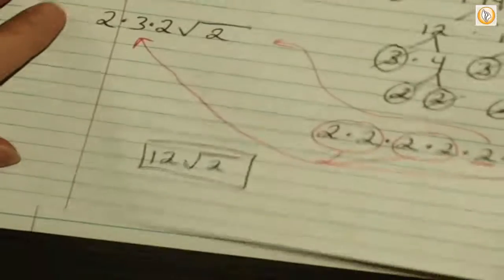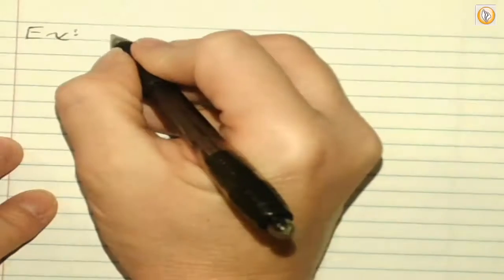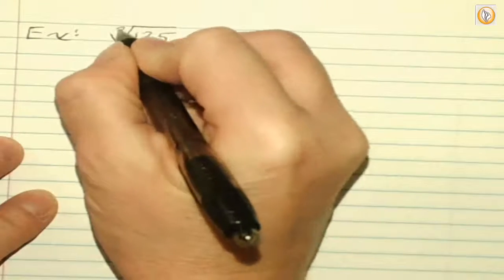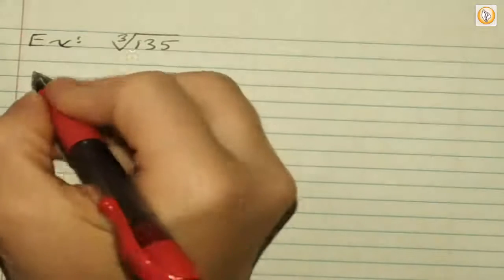All right, let's do another. Do you have this down, Valeria? Okay. What about this? All right, so this time, what is my root, Sophia? 3.